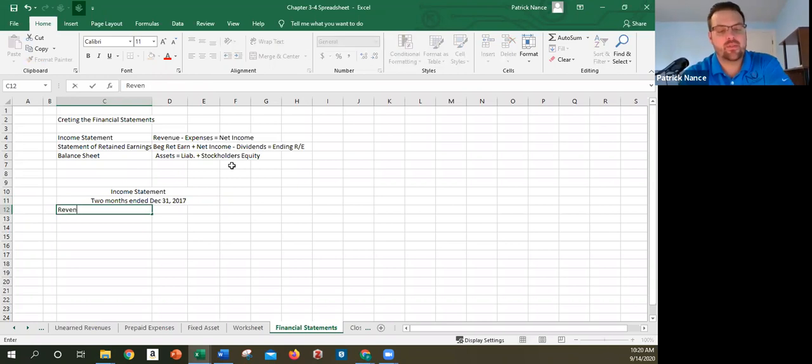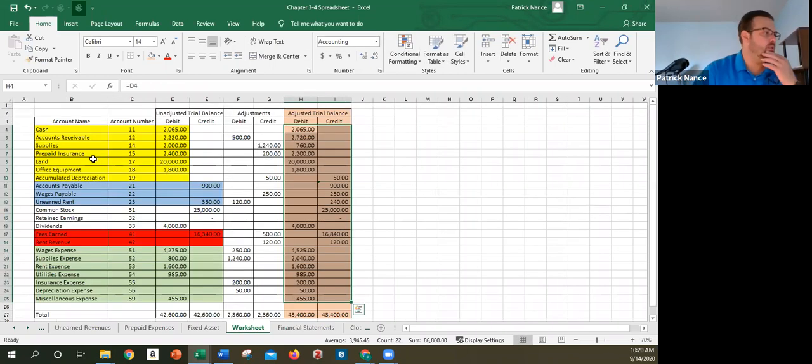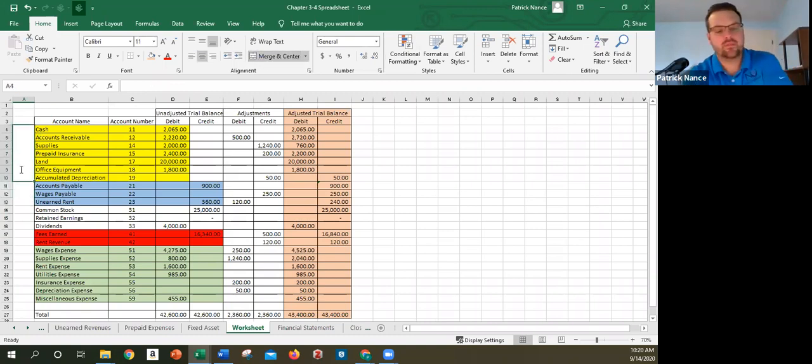So we start with our revenues. Okay, now back to our worksheet. Remember, I have these highlighted accordingly: everything up here is my assets, and here is my liabilities.